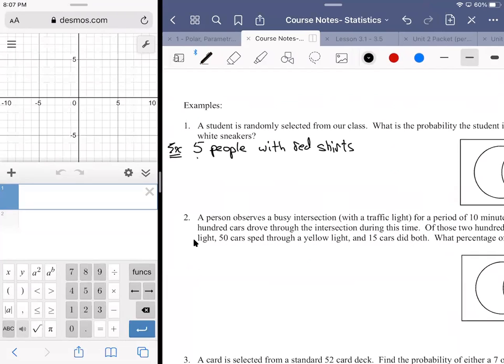Let's say 4 people. I'll keep the numbers reasonably small with white sneakers. Now let me say that there are 7 people with both.